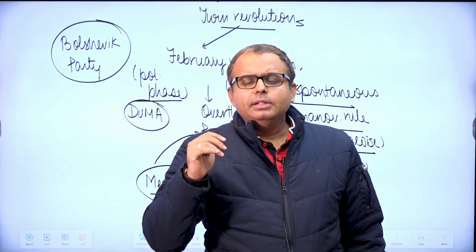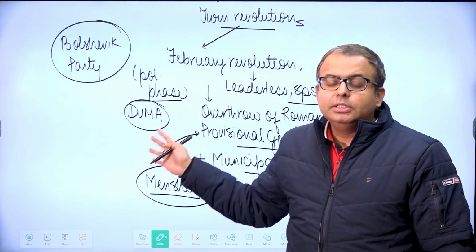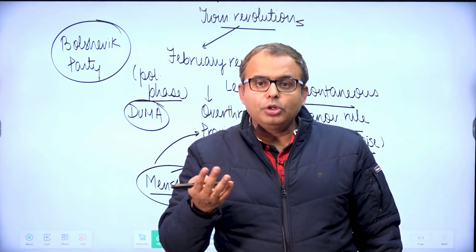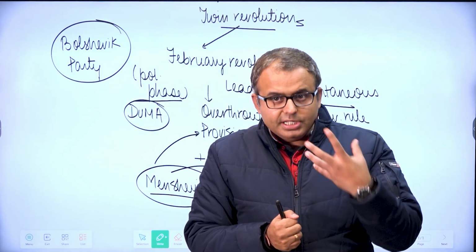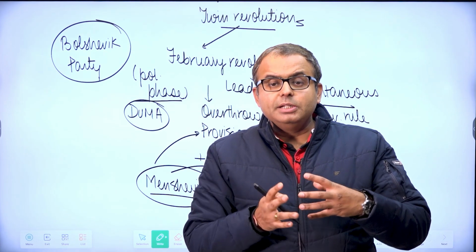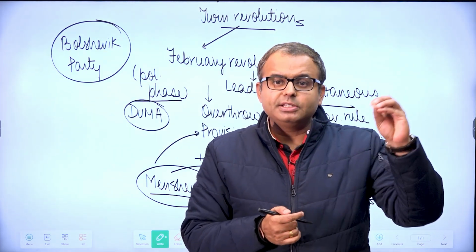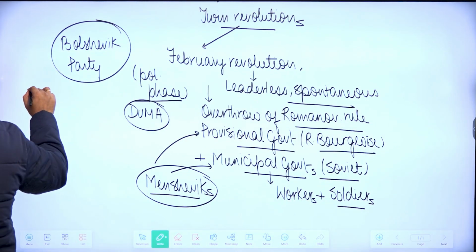Now he returns and he criticized the decision of the provisional government to continue the war. Because of the continuance of the war, economic difficulties remained. Lenin started publishing his speeches and writings in a collection known as the April Thesis.